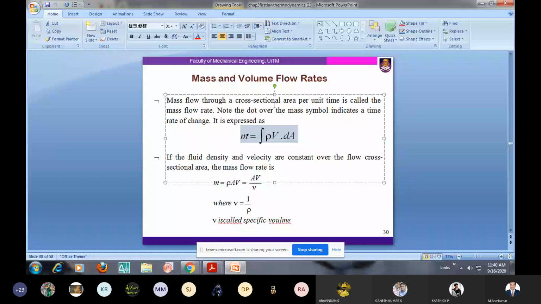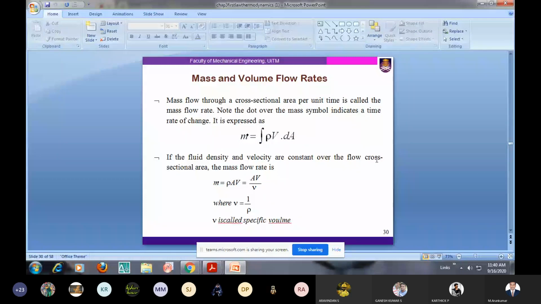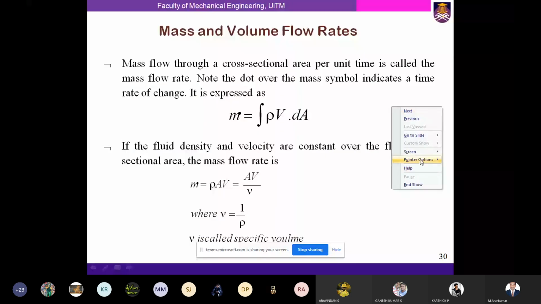Right. So if the fluid density and velocity are constant over the flow cross-sectional area, we can have m dot as rho into A into V. Then we know the specific volume v is equal to volume by mass.